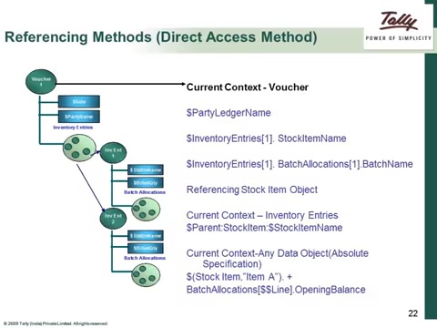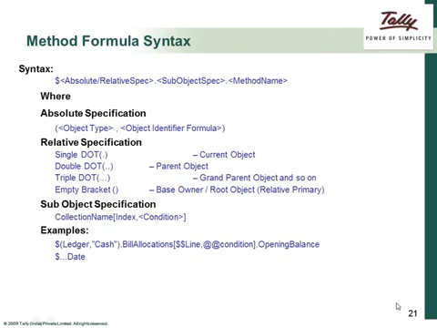Now this dot that you see after the bill allocation, the opening balance, is what is understood to be the method name. If I had a dot after this, it would have understood that this opening balance is another collection. So the last one that you have is the method. So how do we read it?